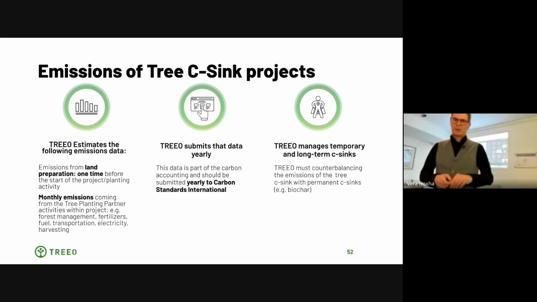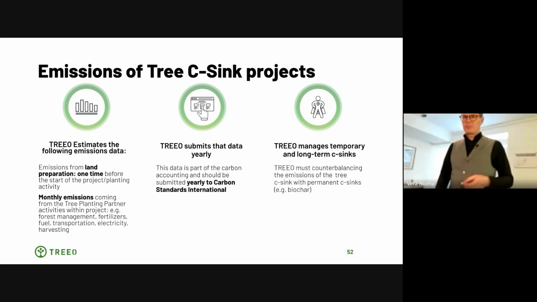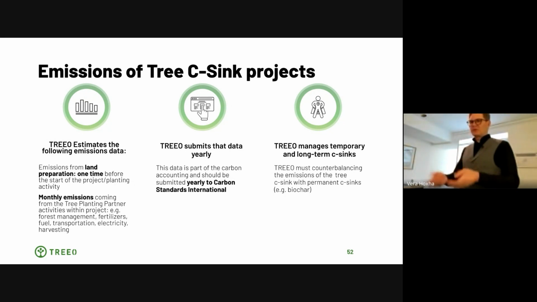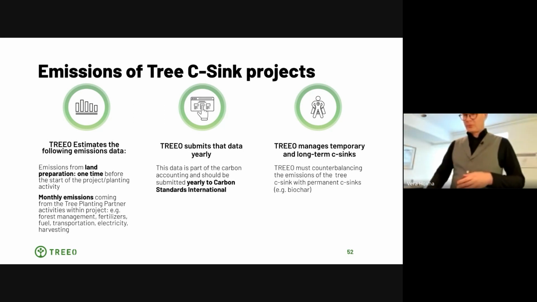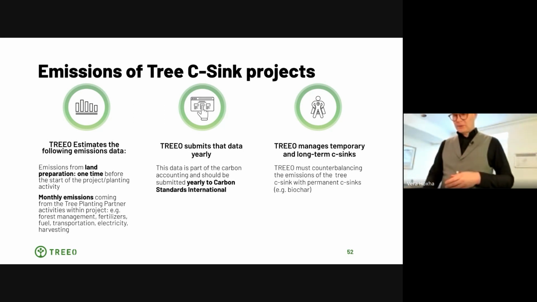And this monthly emission collection includes the forest management, if fertilization is used, the transport, and the fuel and electricity that's needed for that. So these emissions are managed completely for you by TREEO. We take care that these are counterbalanced with C-sinks, and we are using biochar to do this right now. So you don't have to take this into your scope 3 analysis. We do this for you directly, and it's also priced in.